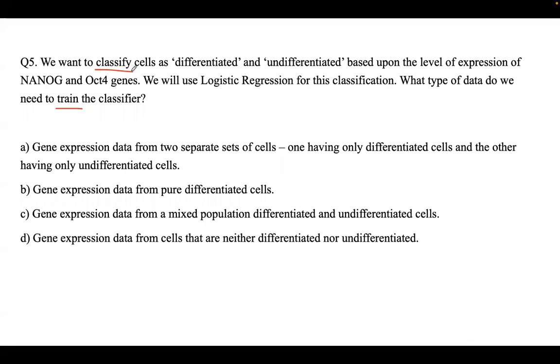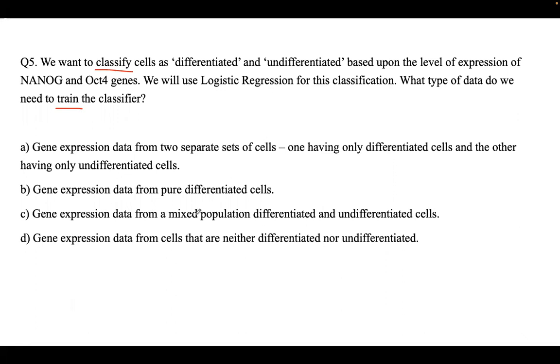So in that case, there was just one predictor, cholesterol level, but you knew which patient has a disease and does not. So these two information were available. If you have gene expression from a mixed population, which has both, then you don't know. To begin to actually assign them as differentiated or undifferentiated, you would need another model, right?